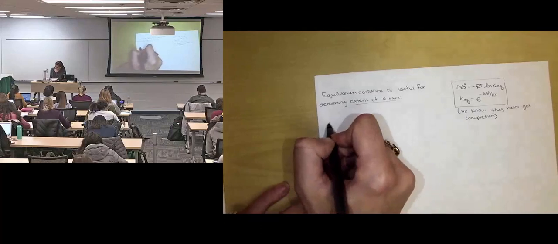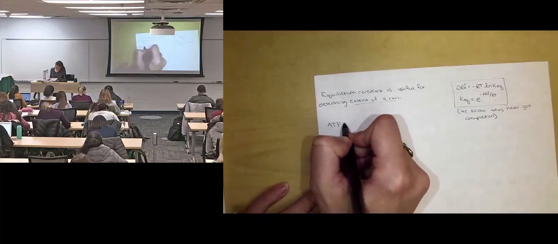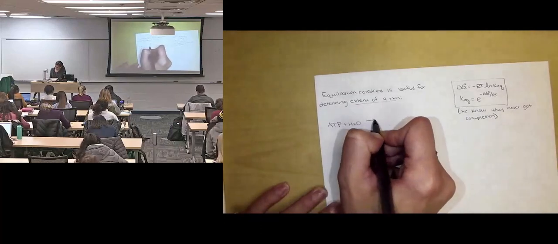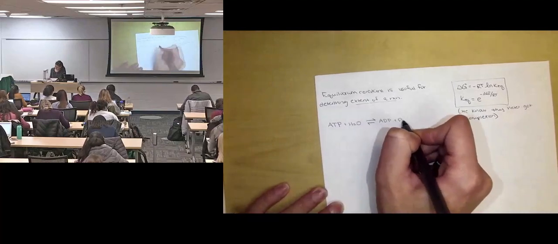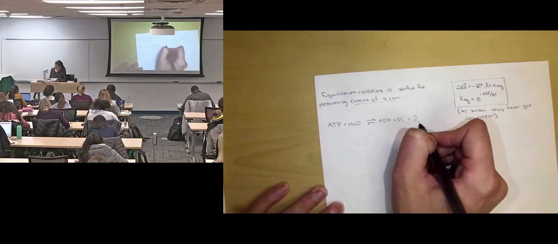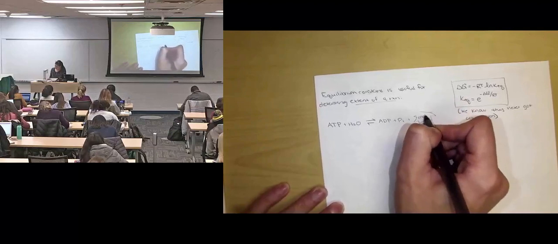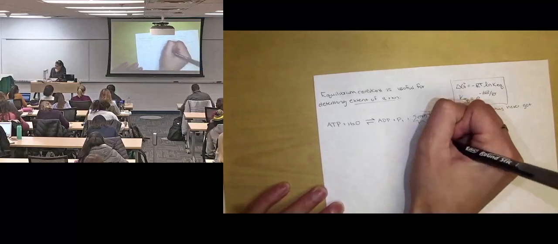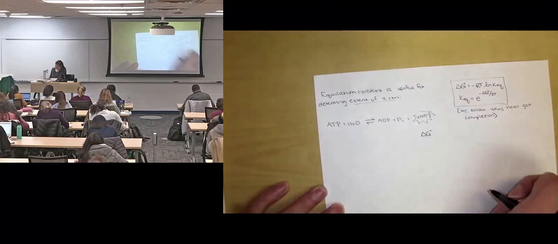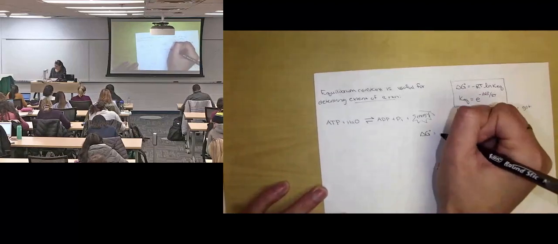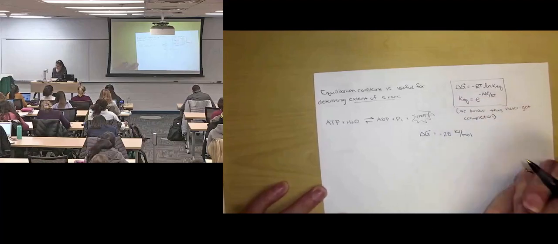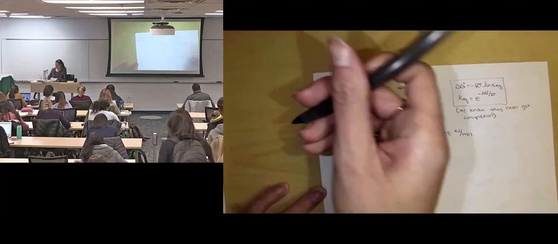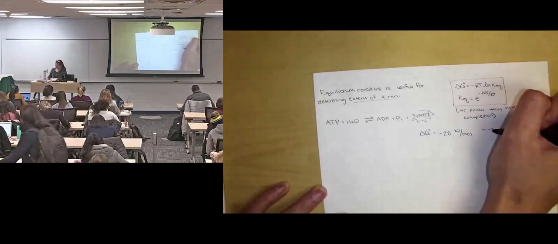So let's look at this example: ATP plus water to ADP plus a phosphate ion, plus we said this releases free energy. We know that delta G at standard state here is about negative 28 kilojoules per mole. I think before I said negative 30.